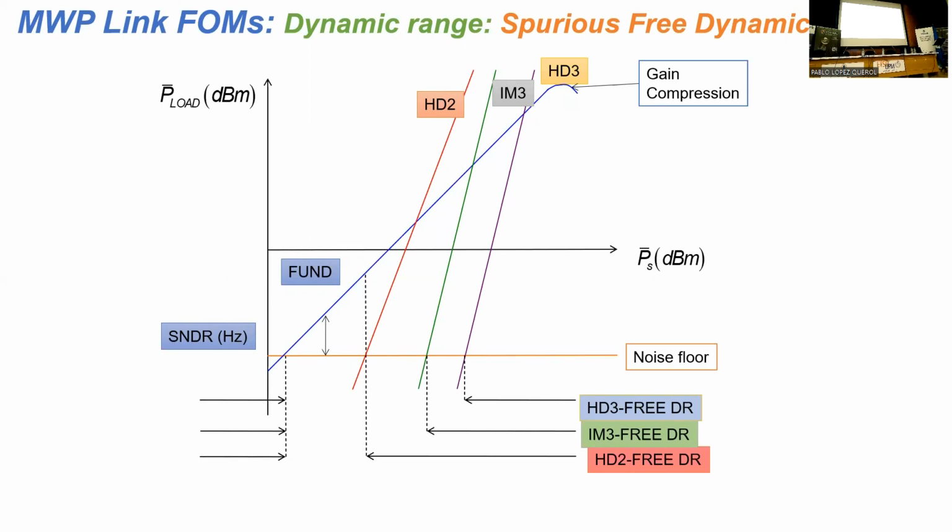Okay, so you can use your link. You can expect to increase your signal to noise ratio by increasing your power until you reach this point. At this point, what happens is that the intermodulation is going to dominate the noise floor. So even if you increase your signal power, your overall signal to noise ratio is going to degrade.